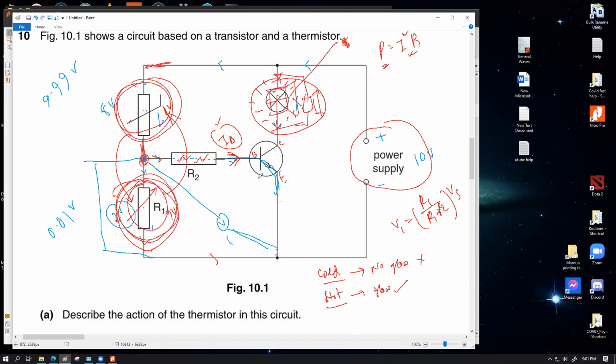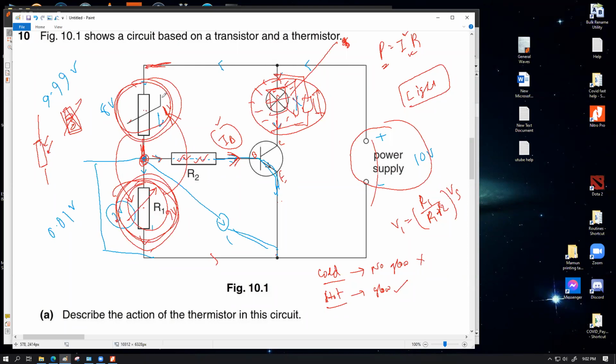The third aspect is that this same device can be made into a light sensing device, or brightness or darkness sensing device, if you simply replace this thermistor with an LDR. The LDR symbol looks like this, two arrows coming in, because an LDR is a sensing device which can sense the light intensity.